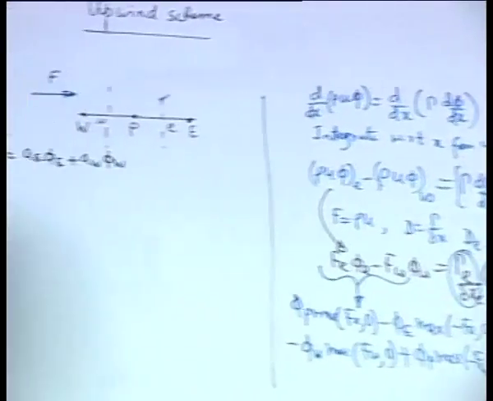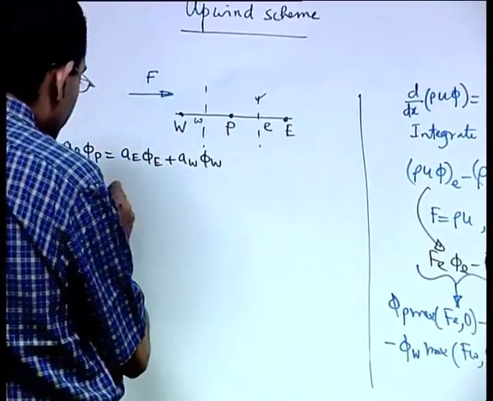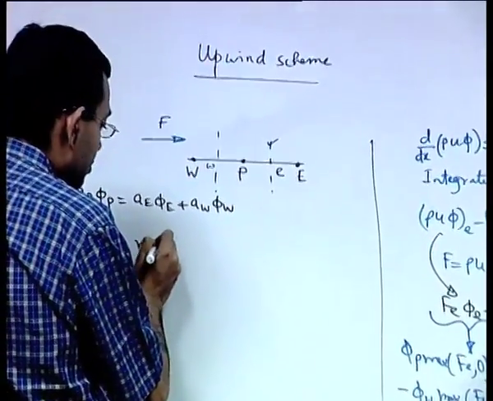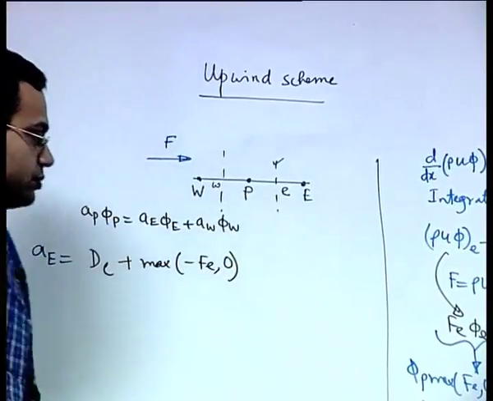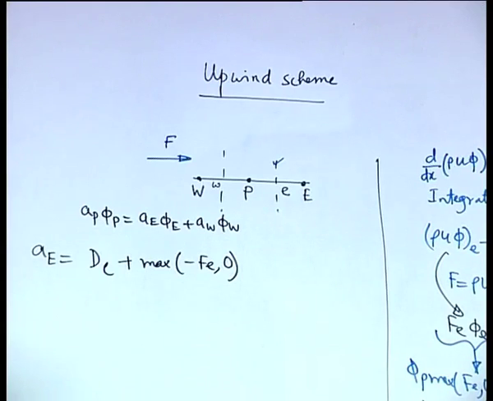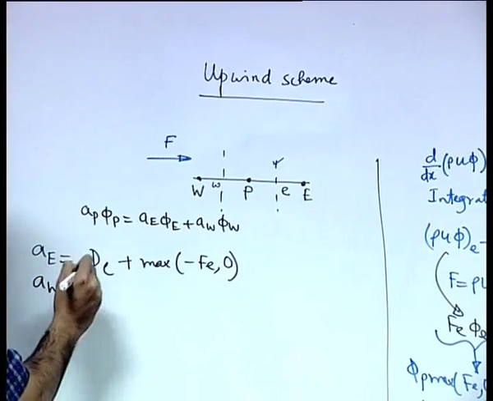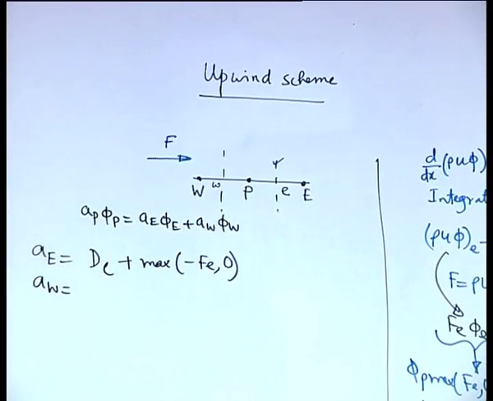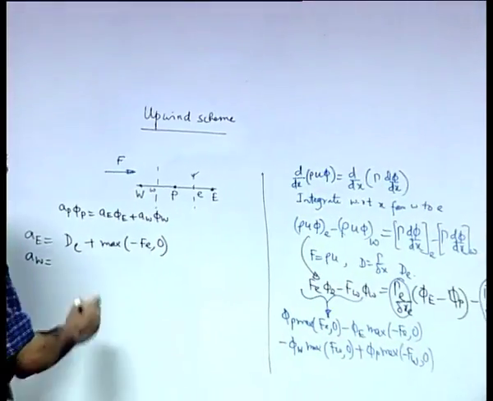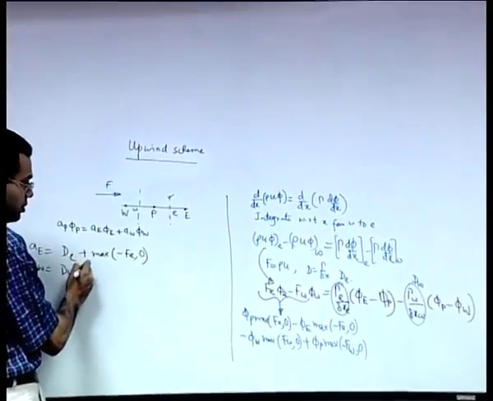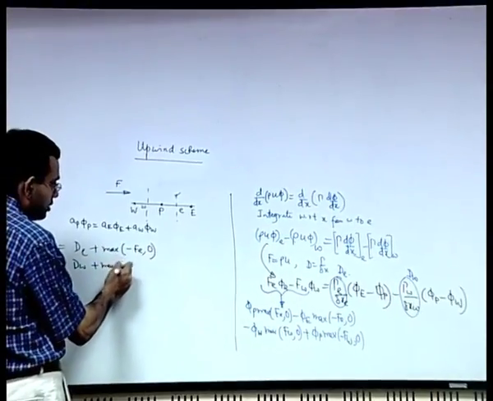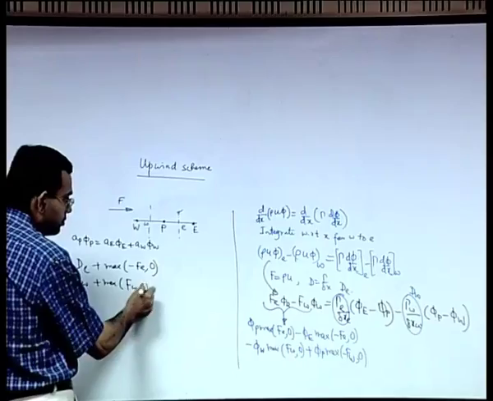So, D_E plus max(minus F_e, 0). What is A_W? D_W plus max(F_w, 0).